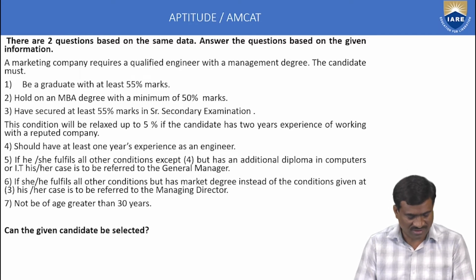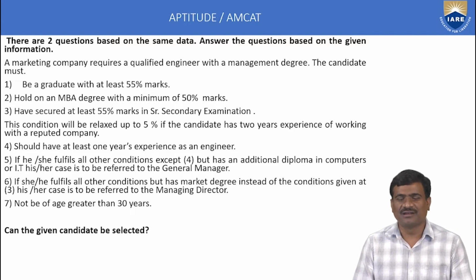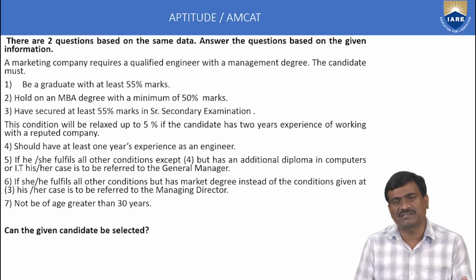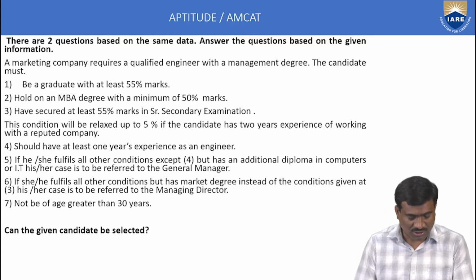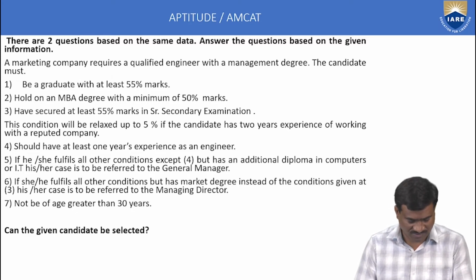Second condition: hold an MBA degree with a minimum of 50 percentage marks. Next, post graduation MBA, minimum aggregate 50 percent and above. Third condition: have secured at least 55 percentage marks in senior secondary education, intermediate, minimum aggregate 55 marks and above.